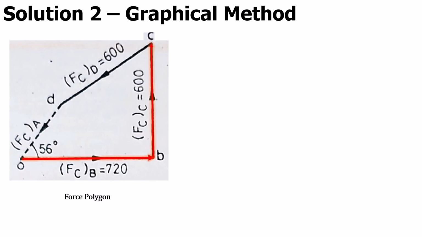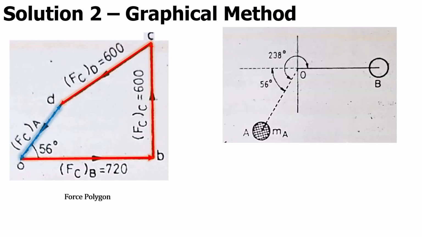And from C, we measure 210 degrees, and with the magnitude of 600 kilogram centimeters, we then get the point D. So the gap is equivalent to the unknown mass A, and from there we can get that distance using the suitable scale.